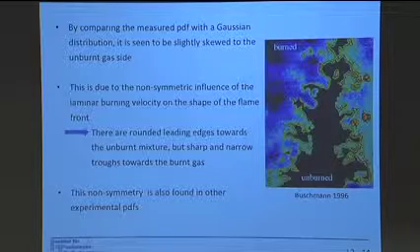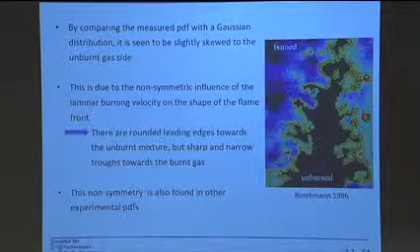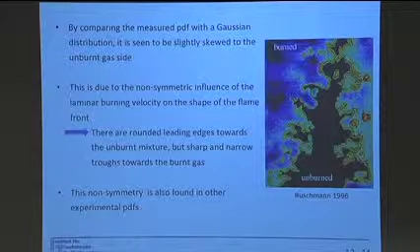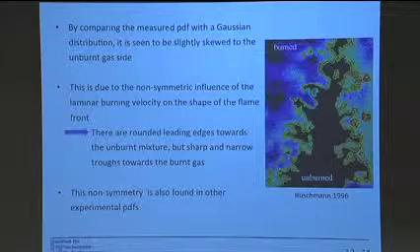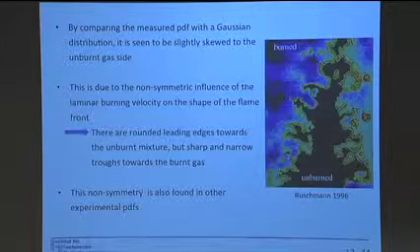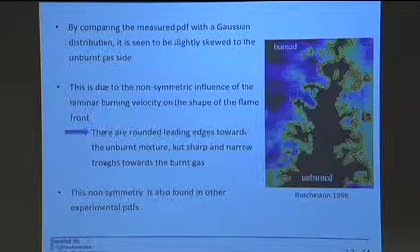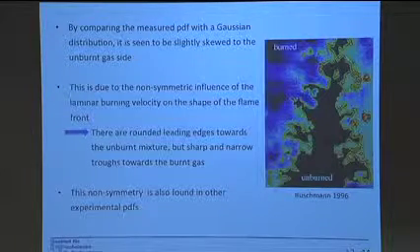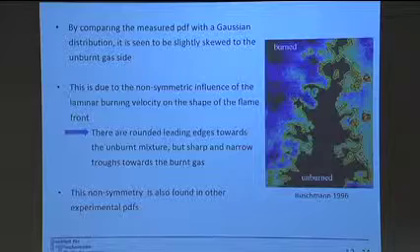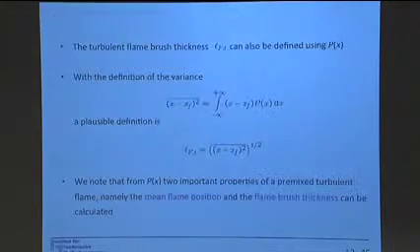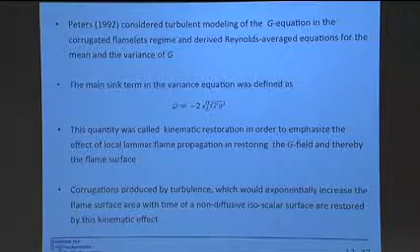The mean is very important, but also the flame brush thickness, because if the mean is here, the temperature doesn't go from unburned to burned right over the mean. You see here the temperature goes slowly, on average gets hotter, hotter, hotter, and then some place here is where the maximum temperature would be.